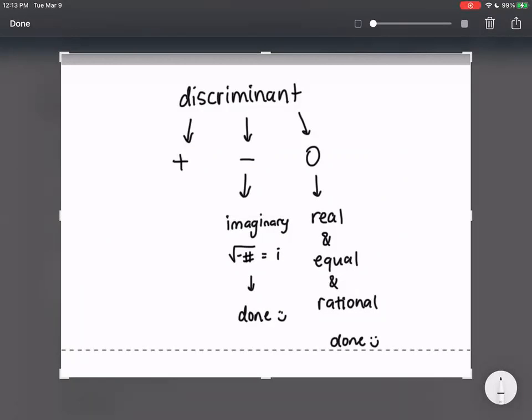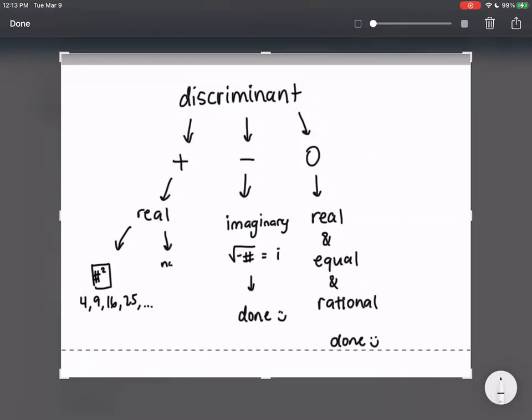But let's take a look at if you get a positive number. If you get a positive number, they're real. And then you have to check something else. You have to check if it's a perfect square. I'm just going to draw a perfect square, which means that you have a number squared. So these are numbers like 4, 9, 16, 25, numbers like that. Those are perfect squares because it's something squared.